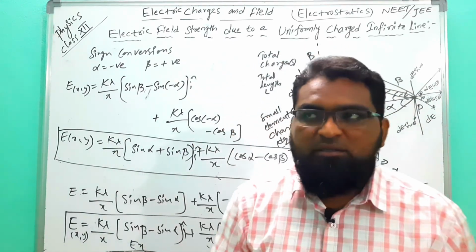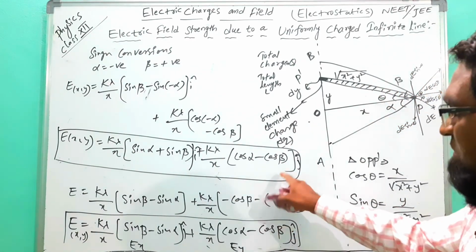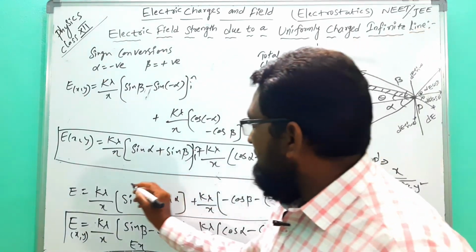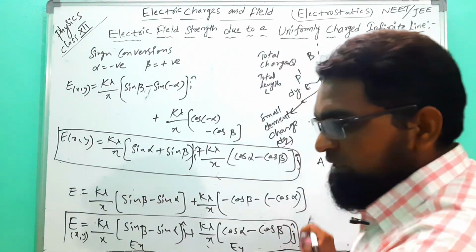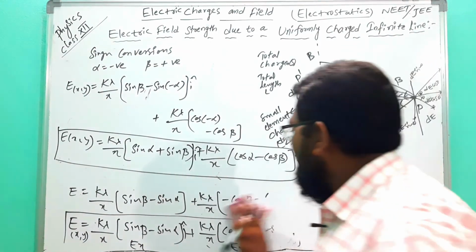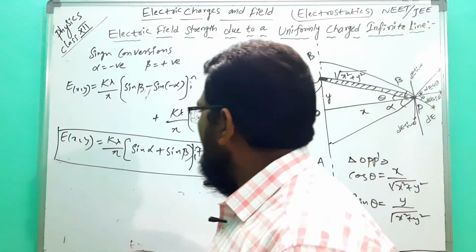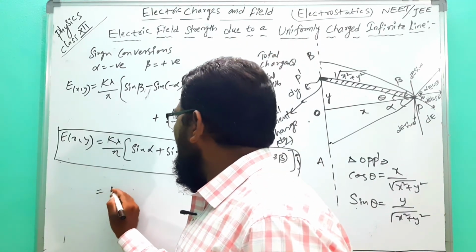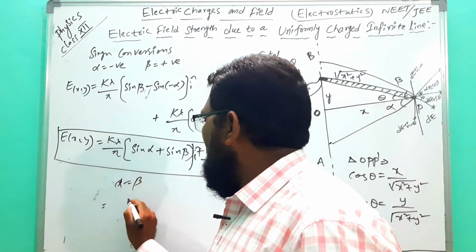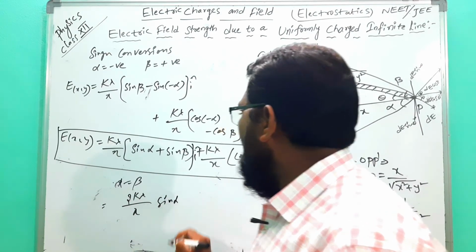Now the second case, where both angles are equal, alpha equals beta. We get a new equation. I will tell you finally. This equation is important. Suppose you substitute alpha and beta as the same, that is case 2. This equation is clear, students? If you want, pause and write all the equations. So k lambda, with alpha equal to beta, in the same equation, comes to k lambda by x sin alpha.